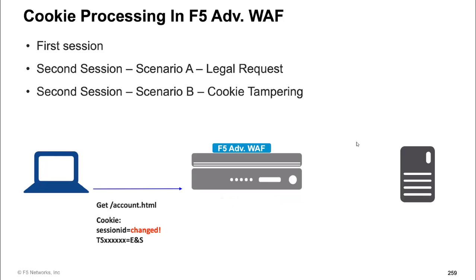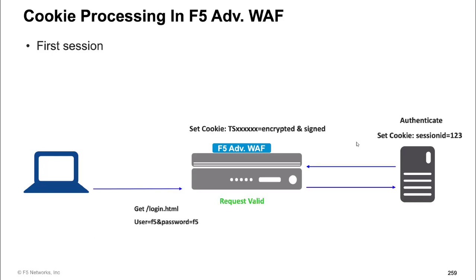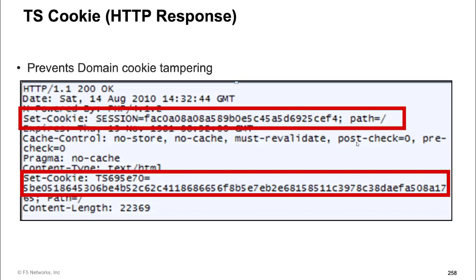So now let me go back one slide here. Whenever we encrypt that set cookie header, this is how it will look. If you go to Fiddler and look at the headers, you will see the set cookie header. The first one is actually the session cookie that was sent from the backend web application.